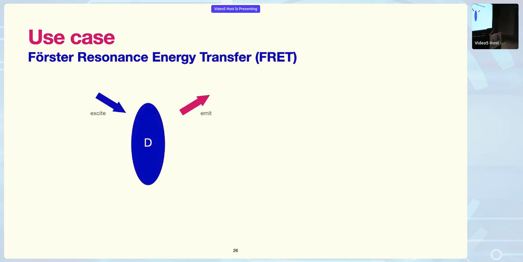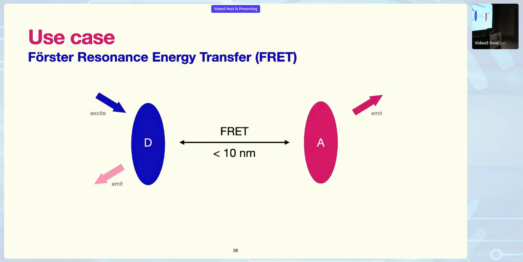Now, if we add another molecule that is close enough to the original one, it will start behaving as a donor, D, and an acceptor, A. So we excite the donor, it transfers its energy to the acceptor, and the acceptor will start emitting light. And choosing a compatible so-called FRET pair, so these 2 molecules together, will give us insight in the interaction between those to study DNA mutations.